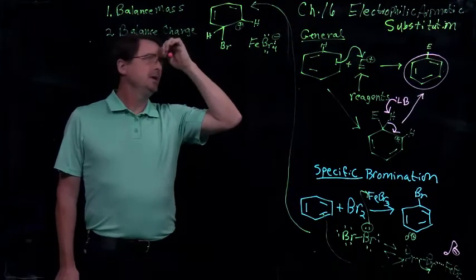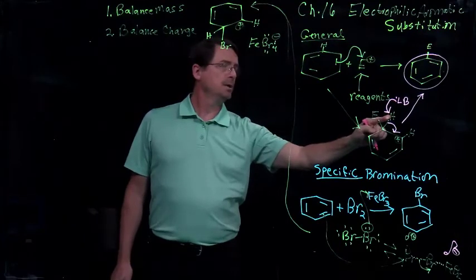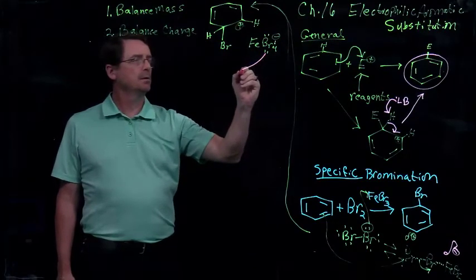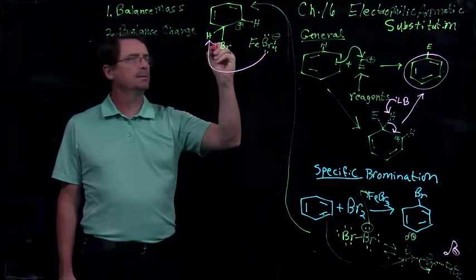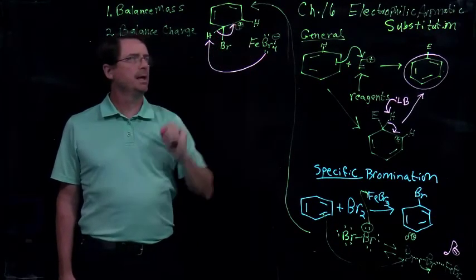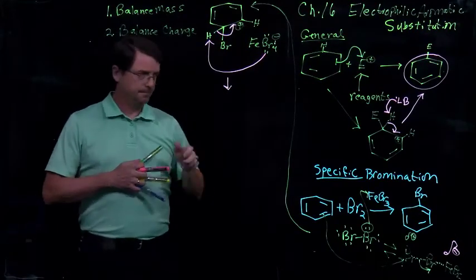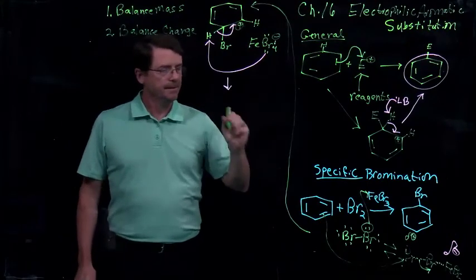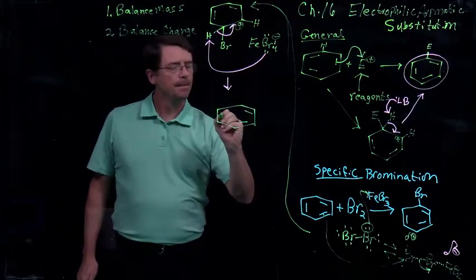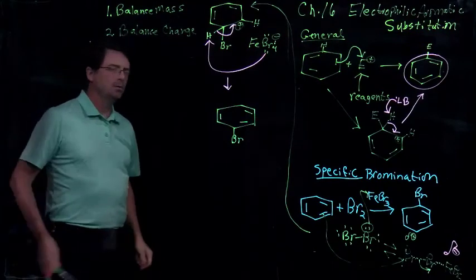So what do we have left to do here? What's missing or what's extra? We need to lose the proton as we did in the general illustration of this. So here we have the bromine lone pair that can act as the base. Pluck off that proton. The two electrons from the carbon-hydrogen bond swing down to reform the pi bond. And now we have formed bromobenzene.